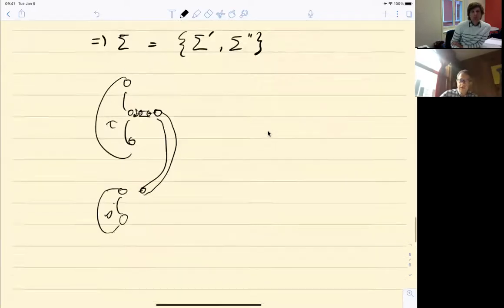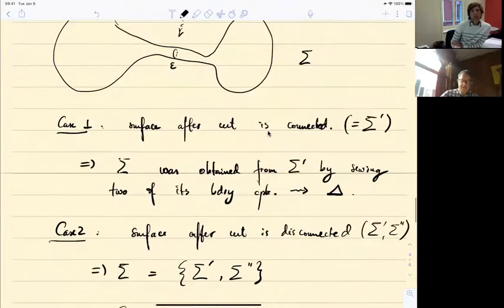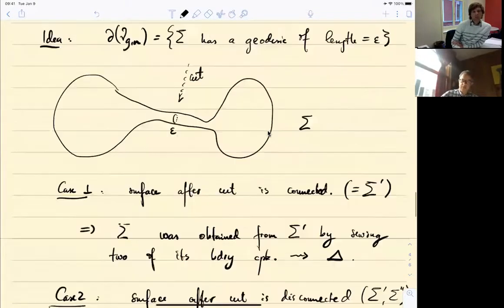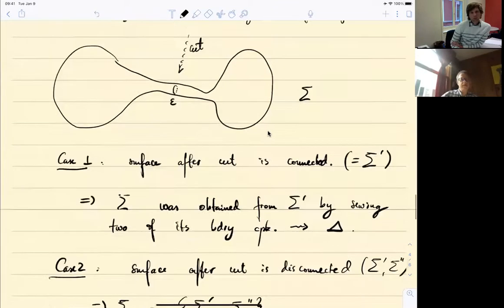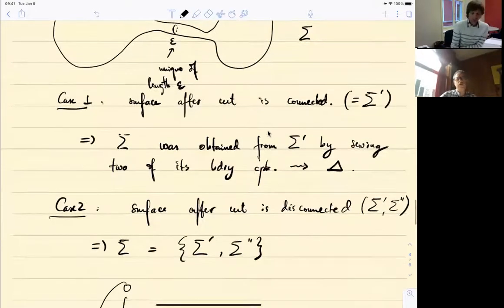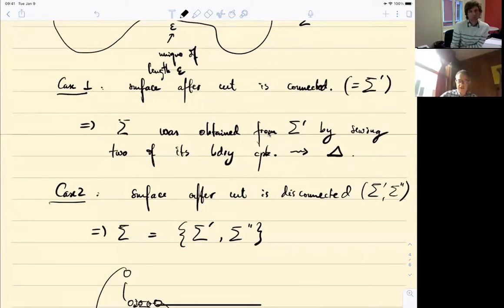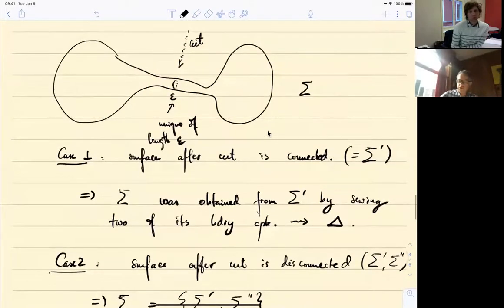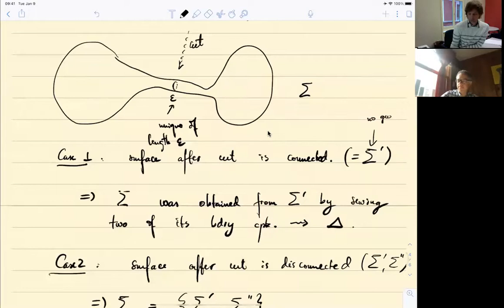All right? So then when you look at what this says, oh, and let's notice here that something special is happening. Because I assumed that this geodesic was the unique one of length epsilon, then what I do see is that this sigma prime has no geodesic of length less than epsilon. And same for these.